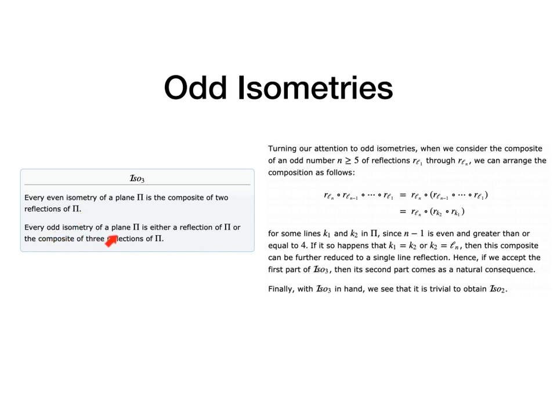Every odd isometry of the plane is either a reflection or the composite of three reflections. So in other words, if I have an odd number of reflections, I could simplify that to either one single reflection or the composite of three.